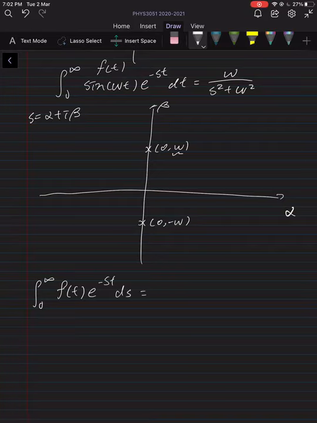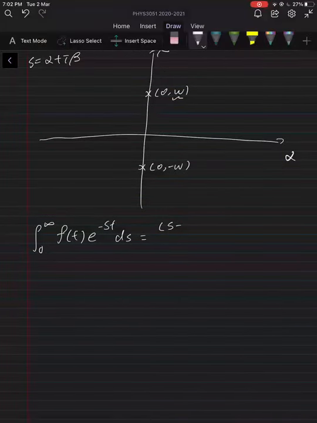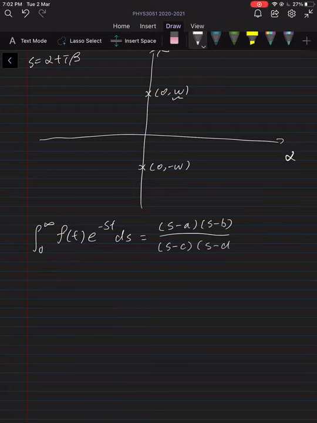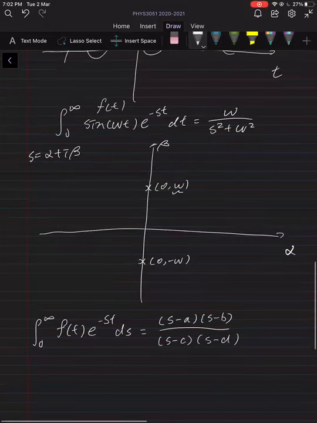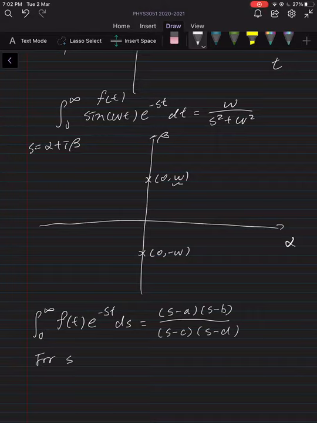For example, if it is something like this, then for the s at which the Laplace transform becomes infinite, they are called the poles.